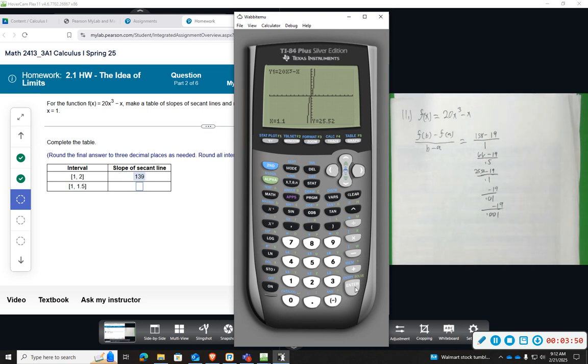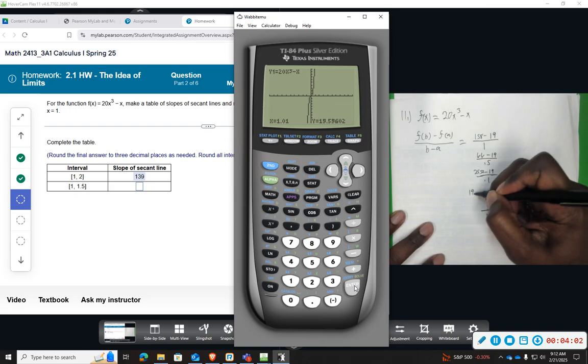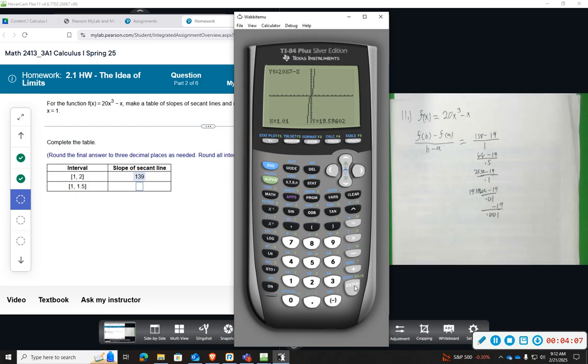Next one would be 1.01. That gives us 19.59602. And then the last one would give us a 1.001. And that will give us 19.05906.